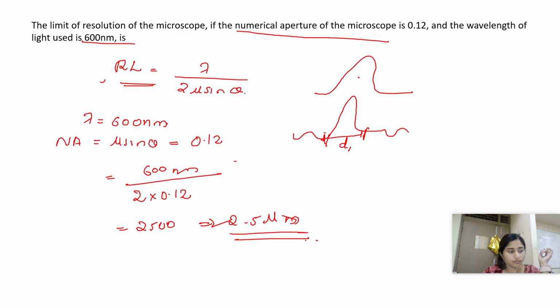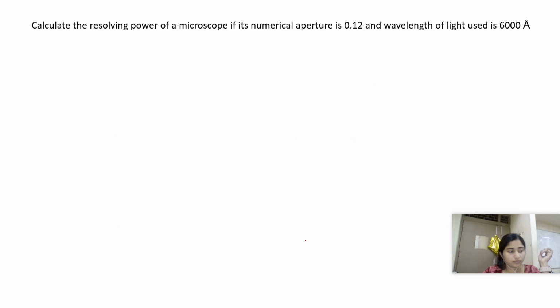So what is the resolving power of a microscope? It should be the same as resolution only, no? Yes. So what will be the formula? R1 equal to 0.61 lambda by mu sin theta.